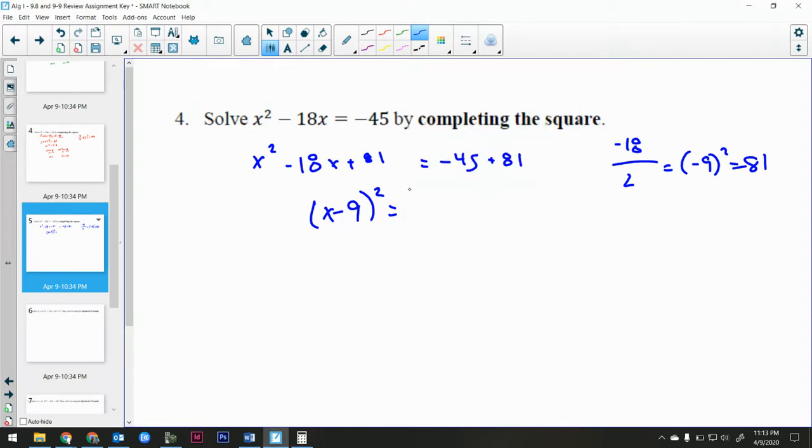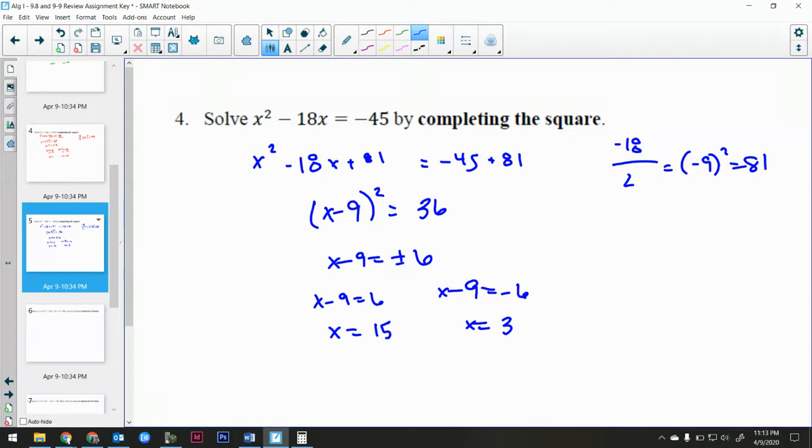Yeah, nice and perfect. So x minus 9 is equal to plus or minus 6. X minus 9 is equal to 6, or x minus 9 is equal to negative 6. So x is equal to 15, or x is equal to 3.